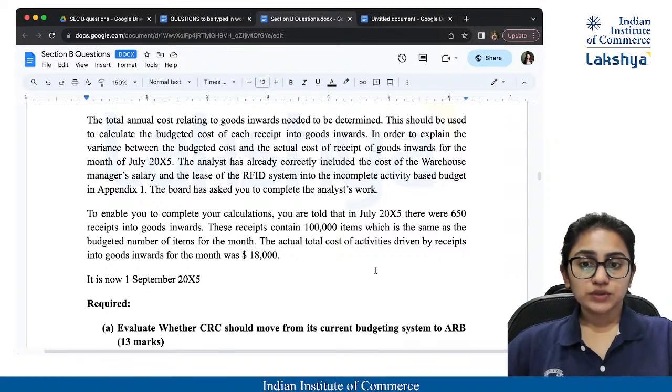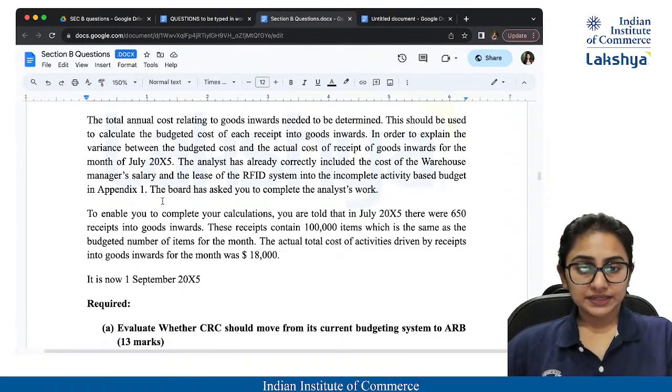This should be used to calculate the budgeted cost of each receipt into goods inward. In order to explain the variance between the budgeted cost and the actual cost of receipt of goods inward for the month of July 20x5, the analyst has already correctly included the cost of the warehouse manager's salary and the lease of the RFID system, that is radio frequency identification system, into the incomplete activity-based budget in Appendix 1.